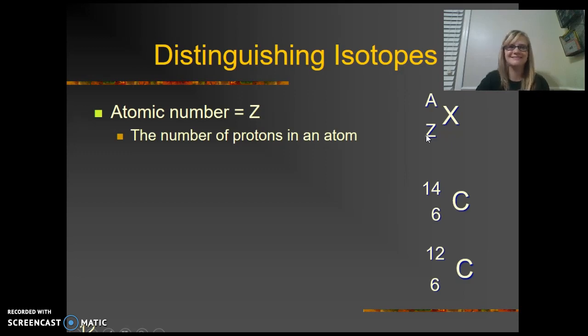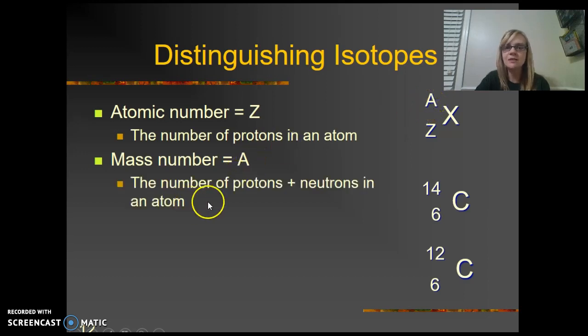Mass number is going to be A. Notice that this time it goes on top. This is different than what you would see on the periodic table. Again, the name of this format is called nuclear symbol. Okay, so your mass number gets A. And what's mass number? Protons plus neutrons. Finally, X is going to be right off that periodic table. That's the symbol on your periodic table.